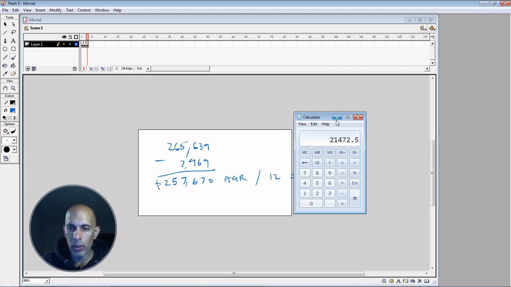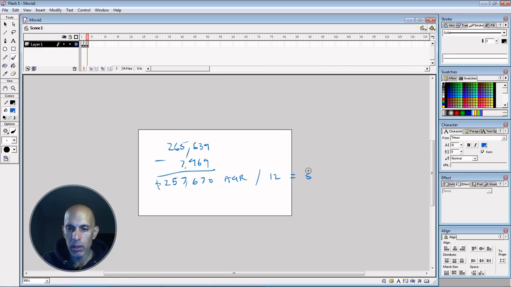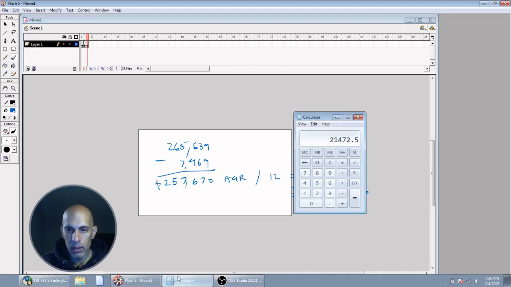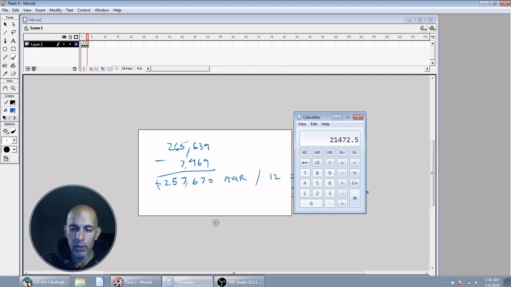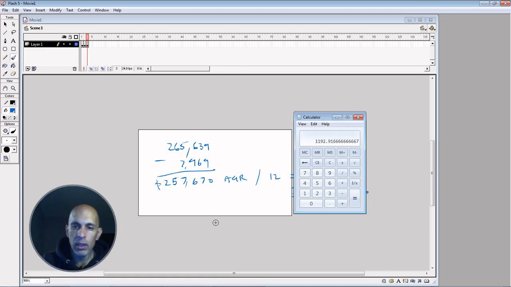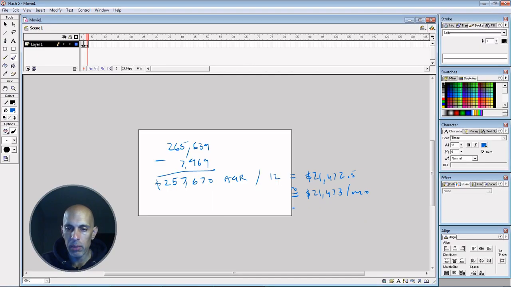That tells me $21,472.5, so I'm going to round this up to $21,473 per month. And then I'm going to divide this by 18 to get my average rent per unit, which is $1,192 a month.